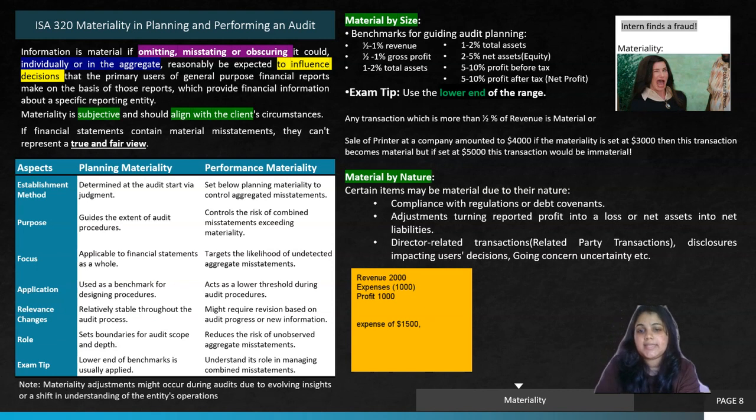Then the profit now is 1,000, and if we adjust this expense, now the company has a loss of how much? Loss of $500, correct? Such adjustments will be material by nature, right?